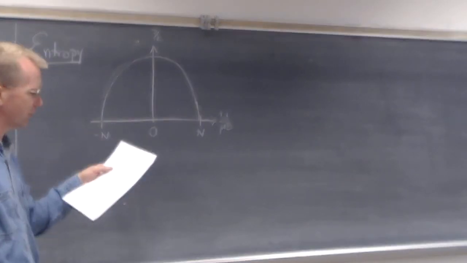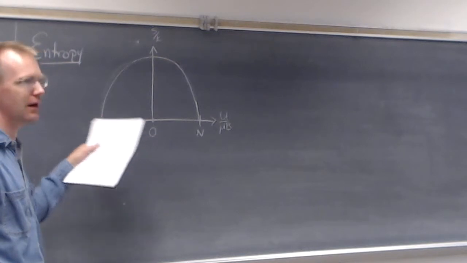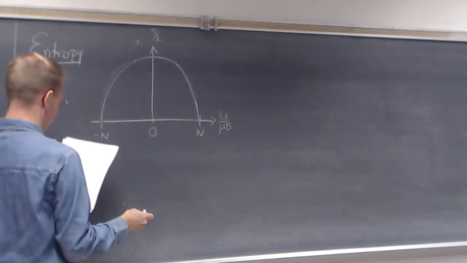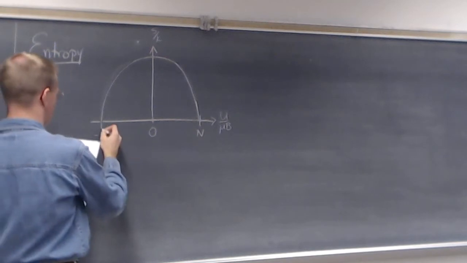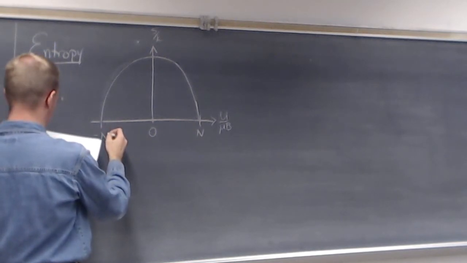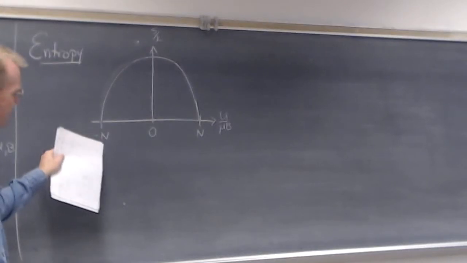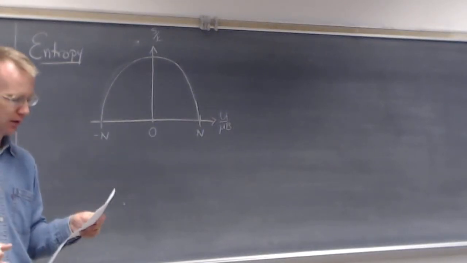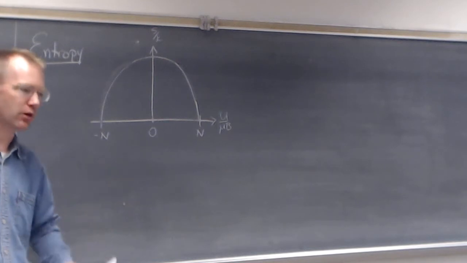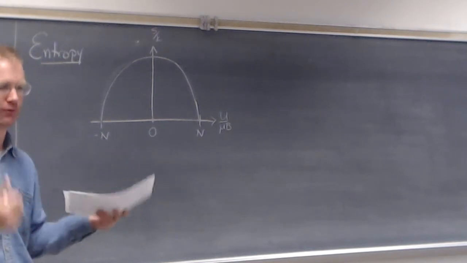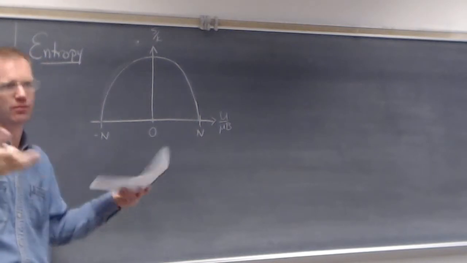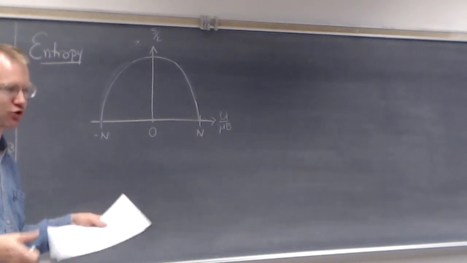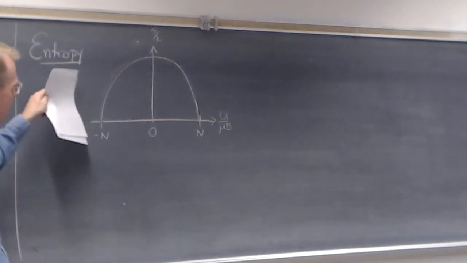So when we have the energy being negative on this side here, that means that most of the dipoles are aligned with the magnetic field. If the field is pointing up, most of the dipoles are aligned with it as well. They're in the negative energy state, and if the total energy is negative, we're on this side over here.